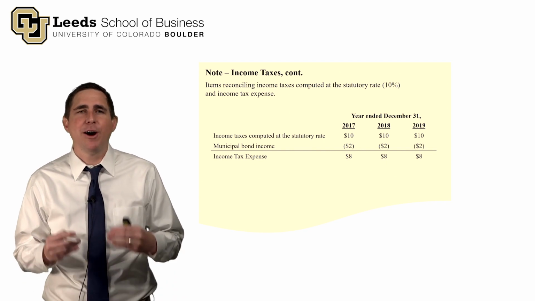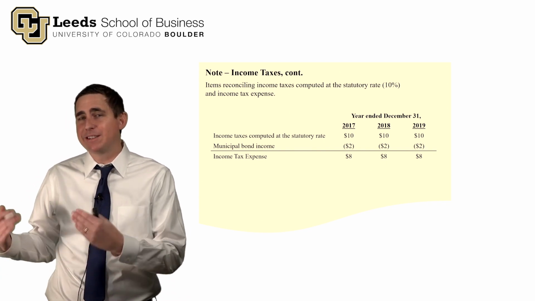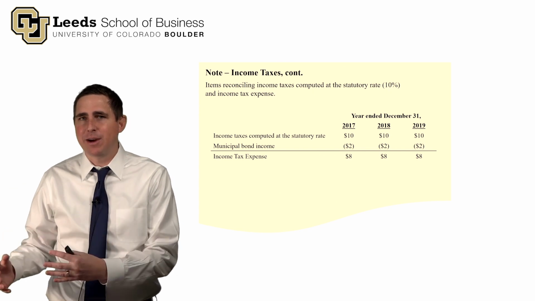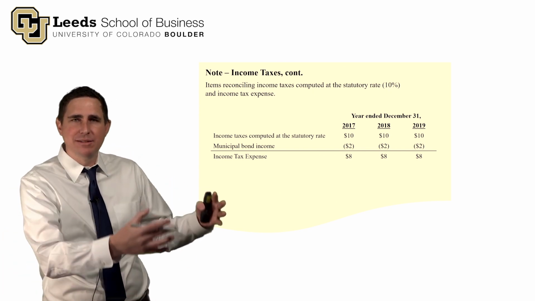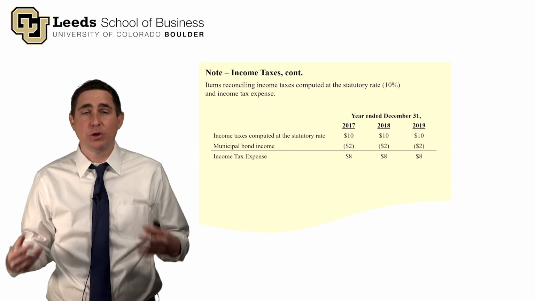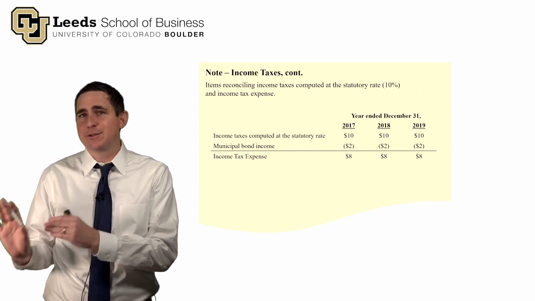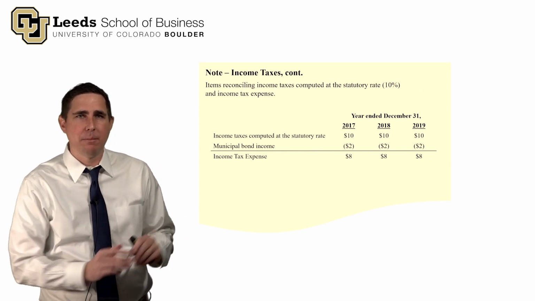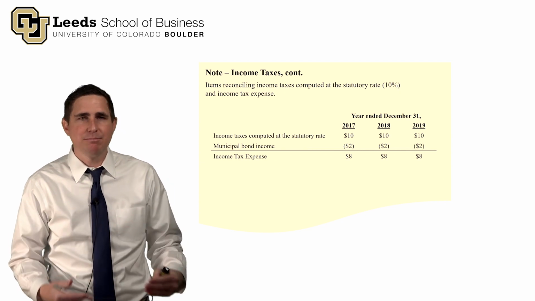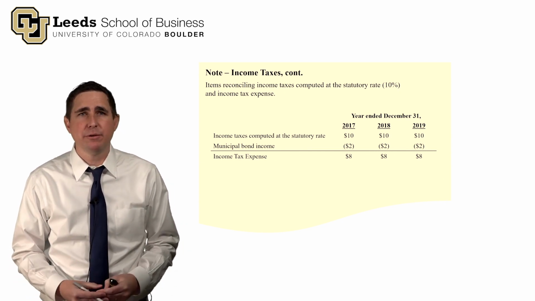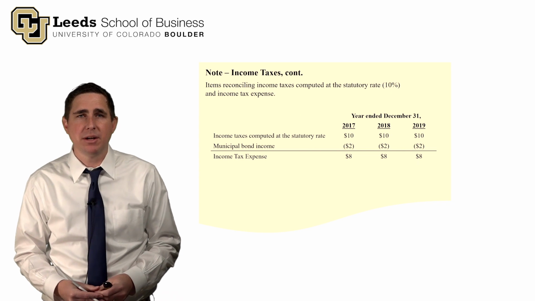So what causes one company to have a permanently low or high tax rate versus another company to have a different tax rate, okay? This helps investors determine why the cost of taxes for one company is different from another company. And so for this company, the only permanent difference we have is this municipal bond interest income.